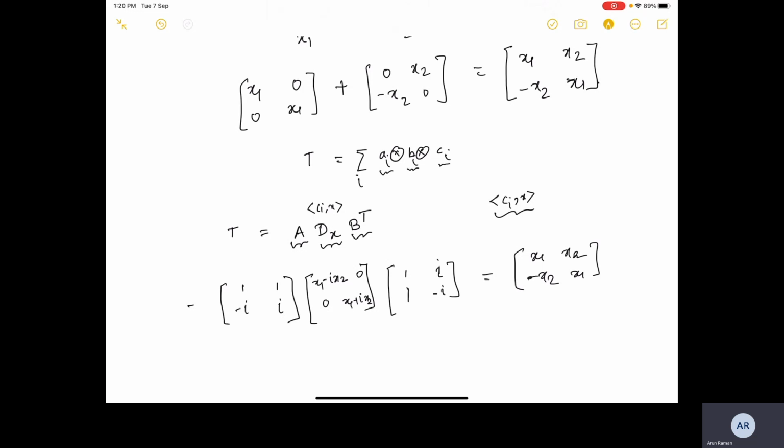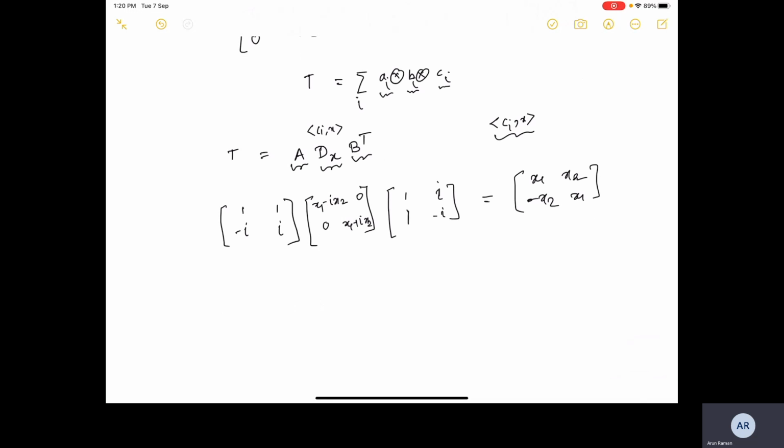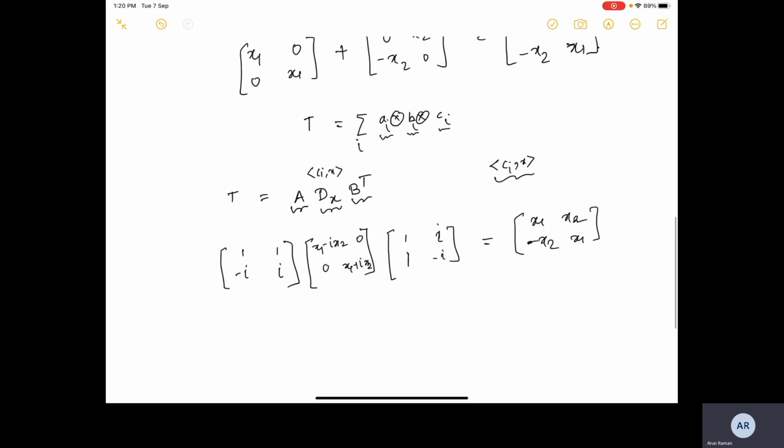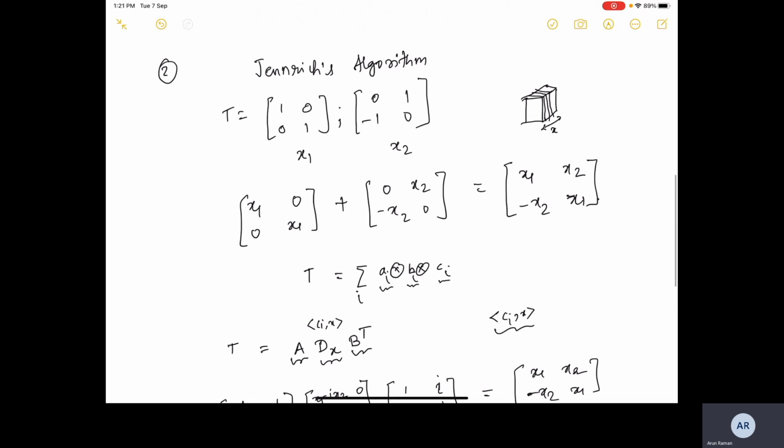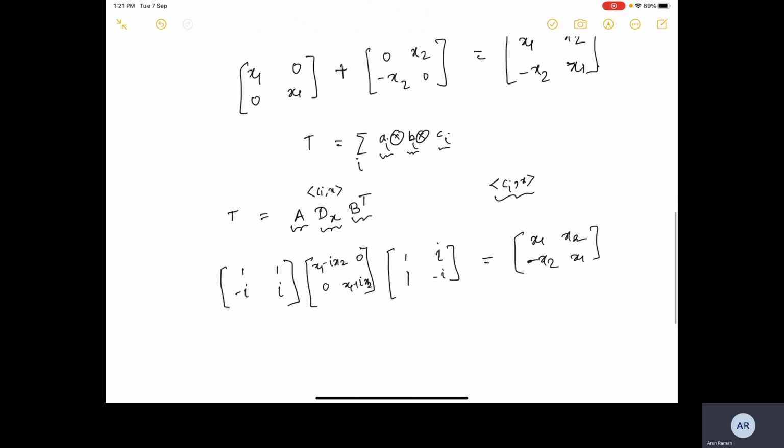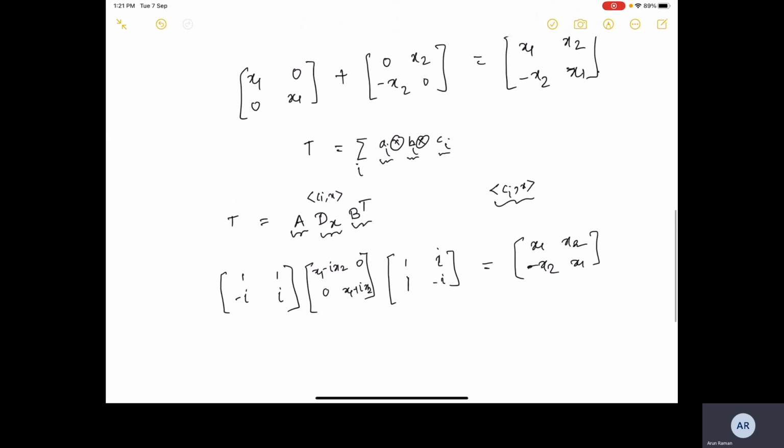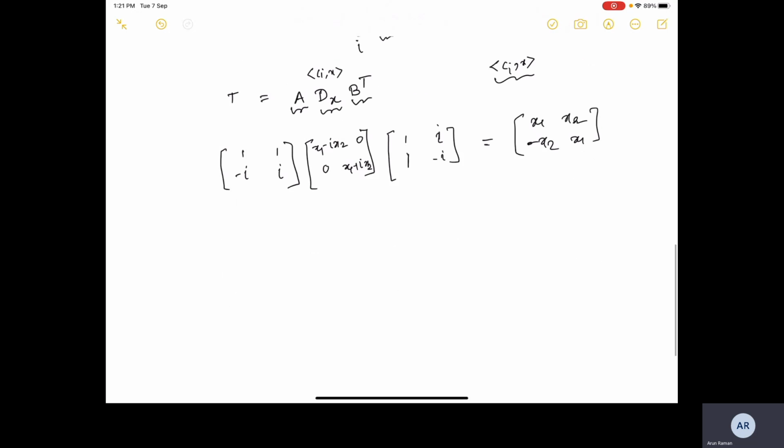So just be careful with all the 1 by 2's that we will have here. This is what we expect to obtain. So this was the second point, of how we are representing this tensor decomposition in terms of the generic algorithm.